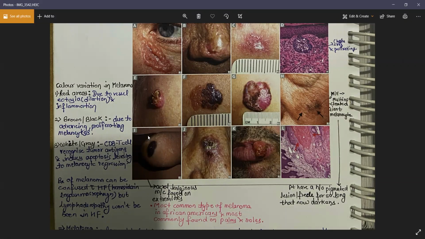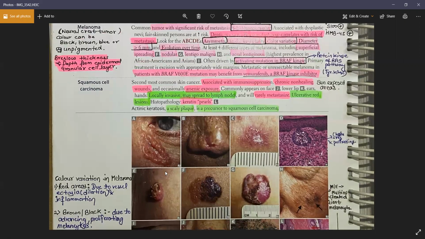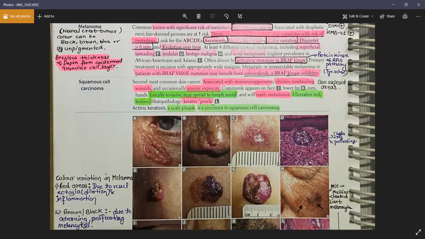So it is always a case of acral lentiginous. Okay, so these are the types. One is a superficial spreading, second is a nodular, third is a lentigo maligna, fourth is this acral lentiginous. Okay, these are the types of melanomas you can get.